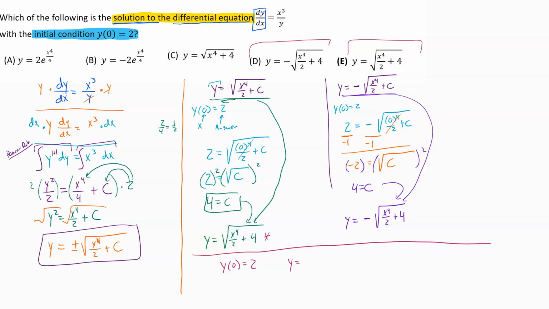So plugging into this first equation, if I plug in 0 everywhere, I get 0 to the 4th over 2 plus 4. That gets me y equals the square root of 4, and that equals 2. So right now, that still checks for this equation that we have here.